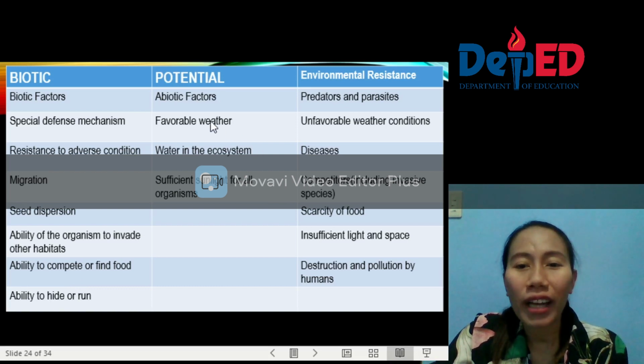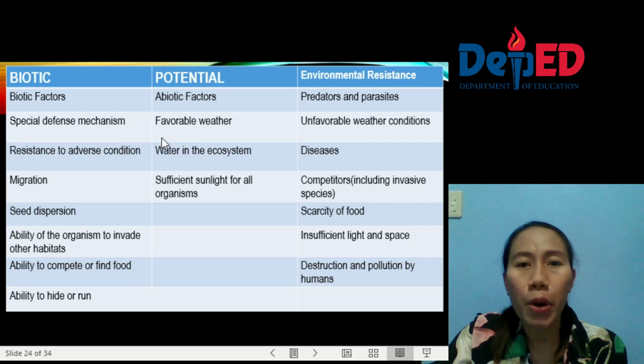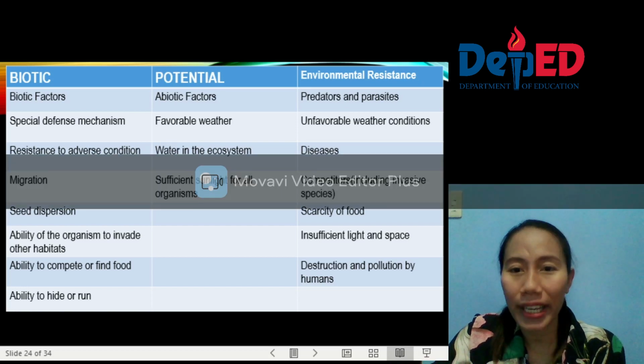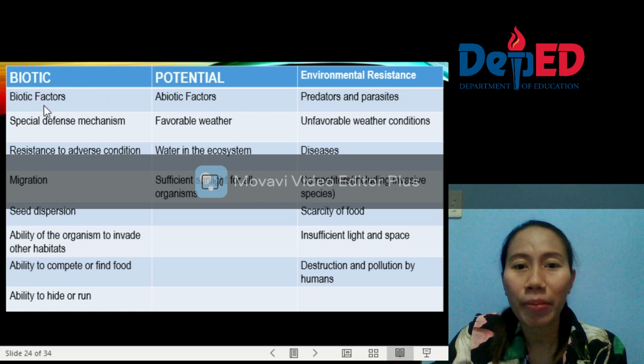Under abiotic factors, these are favorable weather, water in the ecosystem, sufficient light or sunlight for all organisms. So these are considered as the biotic potential. And it has two factors, the biotic factors and abiotic factors.